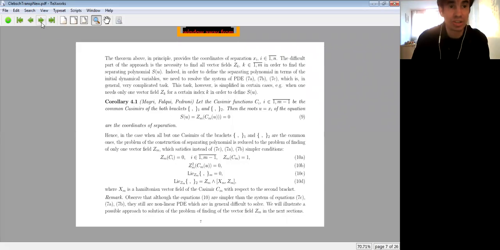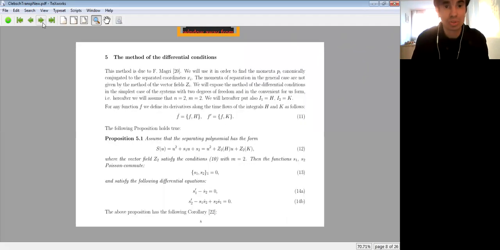In order to obtain these conjugated momenta, we will use another method, which I call the method of differential conditions. The method is due to Franco Magri, and he calls this condition the Kovalevsky condition because he found them studying the Kovalevsky integrable top. I will expose the method only in the simplest case, with dimension n equal to 2.